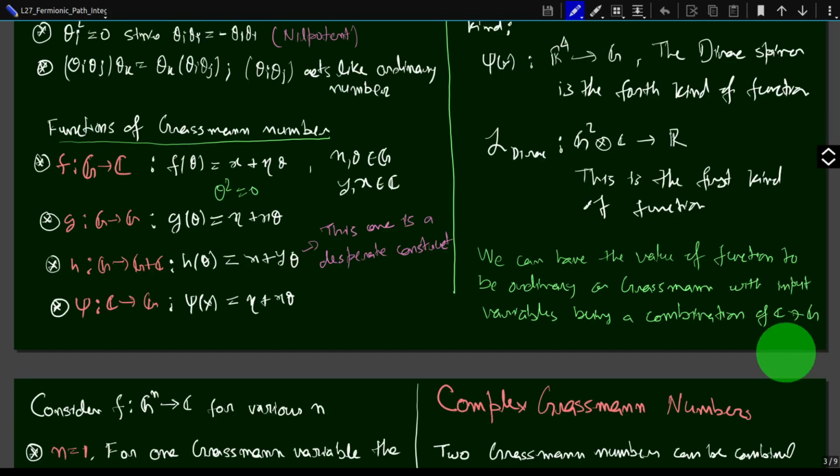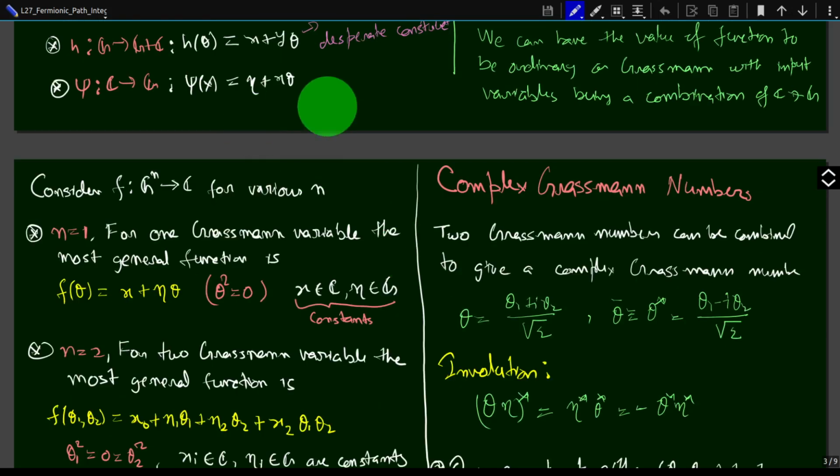So we can have the value of the function be ordinary or Grassmann, with the input variables being a combination of Grassmann and complex numbers. Of course, usually when we have a map, it is some set A cross set B going to set C. Here the return value has to be either an ordinary number or a Grassmann number. Don't try to have this desperate construct, the h function that I have written over here. Usually that doesn't appear. I'm just writing it for completeness.